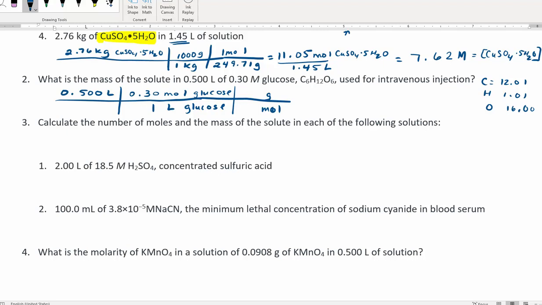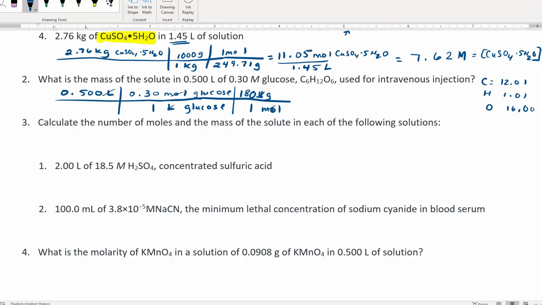What I mean by that is we're going to take 6 carbons, so 6 times 12.01, add that to 12 times 1.01, and then add that to 6 times 16. And I get a formula mass or a molar mass of 180.18 grams per mole.